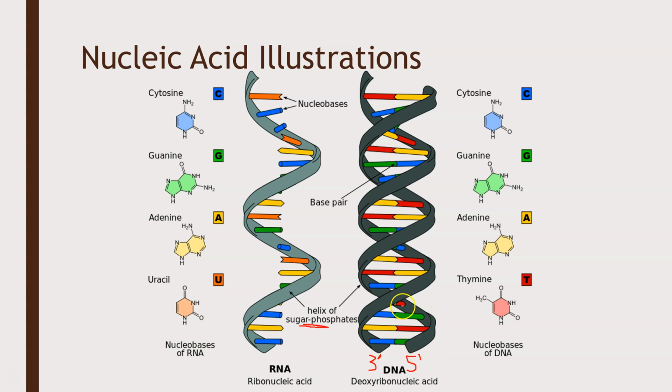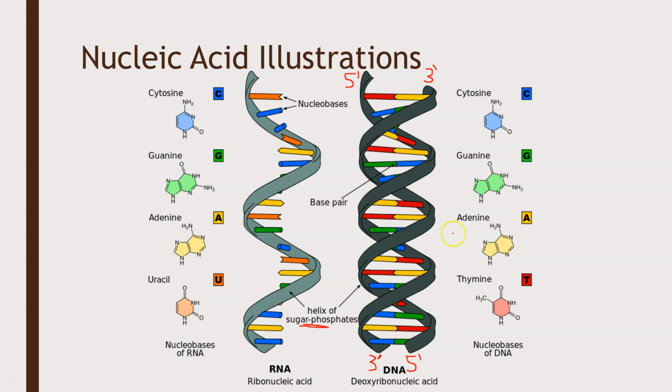If we follow this strand all the way up, that would make this end here the 3' end, and this would be the 5' end of the complementary strand. As you can see, they run anti-parallel to each other.